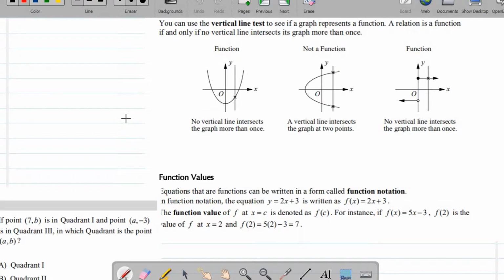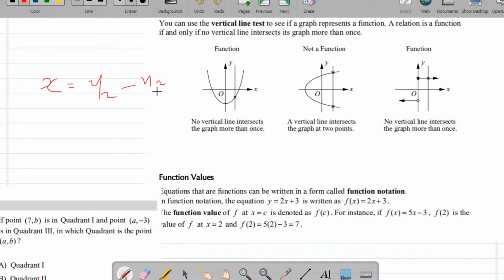Another thing you should know is that if you have something like x is equal to y squared minus something, there is more than 1 value of y. This graph, for instance, is a graph of a function of y, not of x.